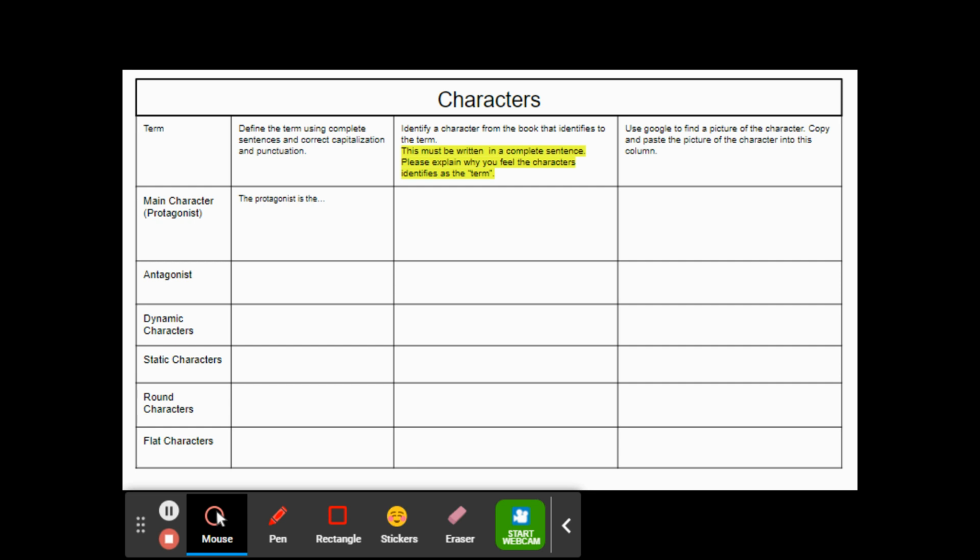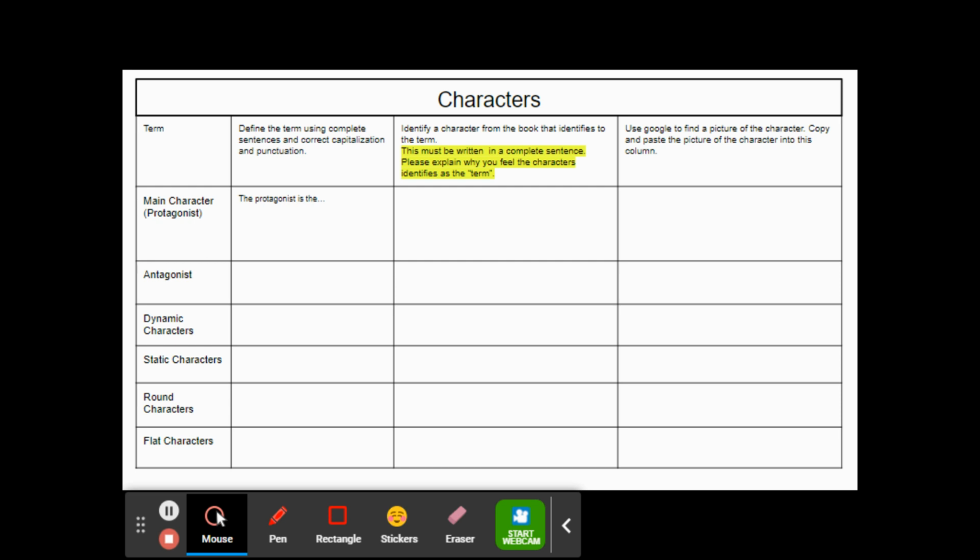Then you're going to go to Google and find a picture of that character and insert it in this box right here. Now, please make sure that you are using the book and not a movie. I will not give you credit for something that happens in the movie. You have to have the elements of the book.